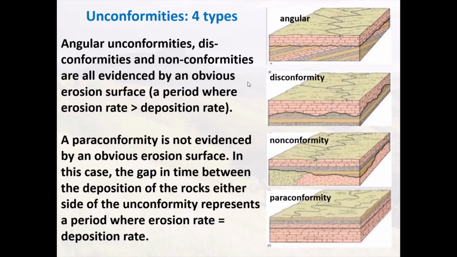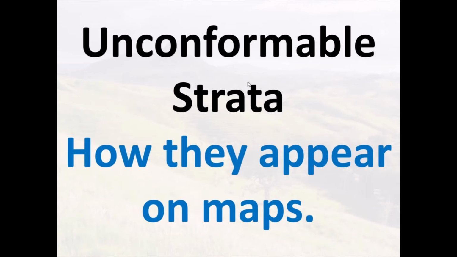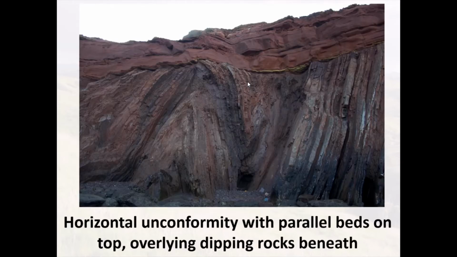Okay, well, let's move on and ask ourselves how unconformable strata would appear on a geological map. Well, let's take a look at this fantastic exposure of a cliff. We can see that there's this horizontal or sub-horizontal unconformity upon which these sub-horizontal beds have been deposited, and they're more or less parallel to that unconformity.